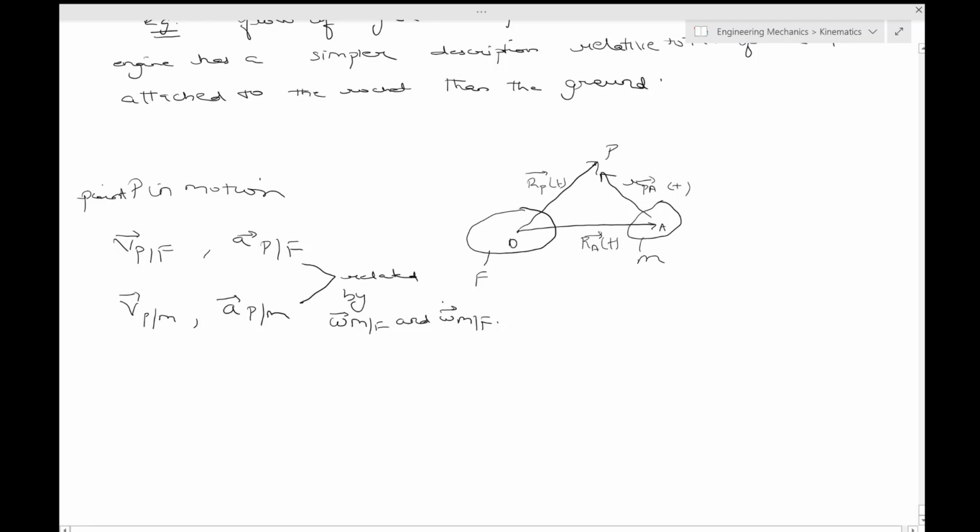So that's what we want to find eventually, and how these two things play a role in the relation between the velocity and acceleration in terms of frame F and frame M.